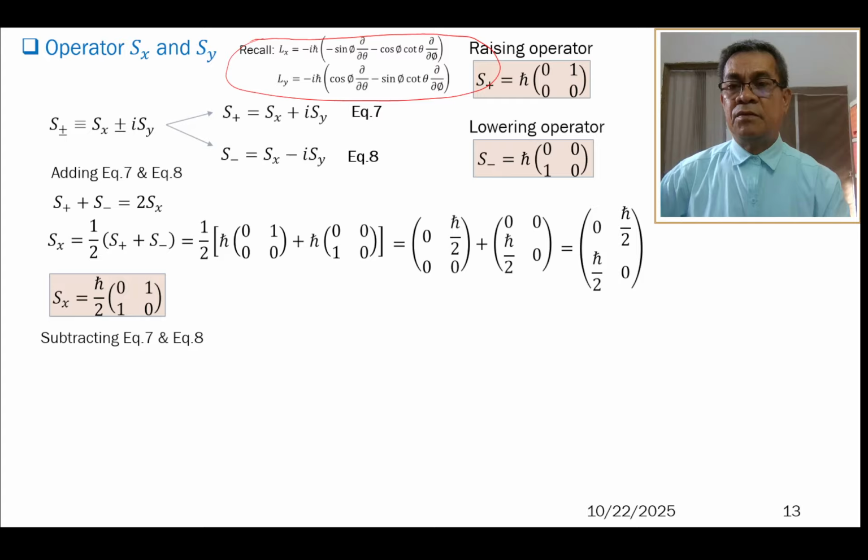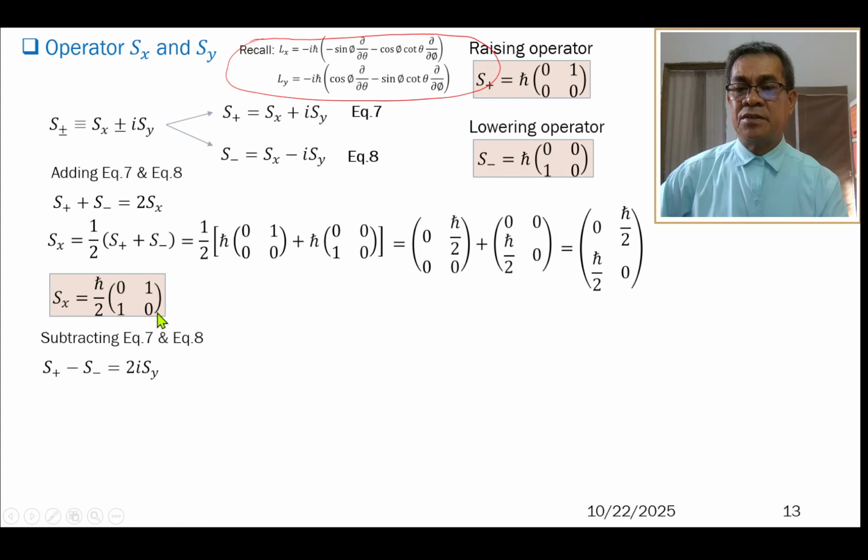Now, we added equations 7 and 8 previously. If you subtract equations 7 and 8, then the result is that one. So we have now the presence of S_x. Of course, previously, if you add, S_y will be removed, but if you subtract, S_x will be cancelled.